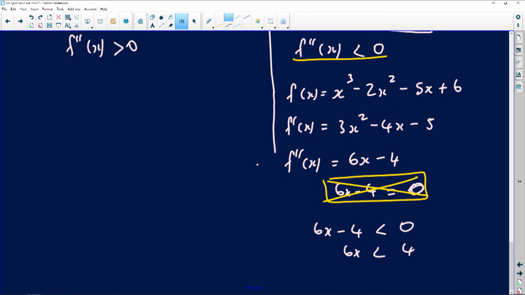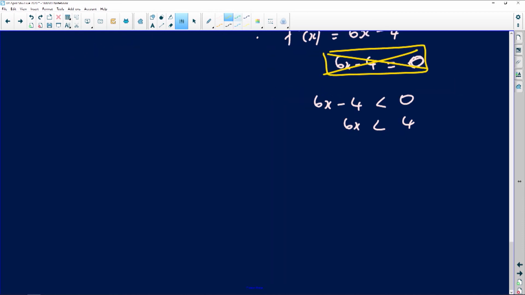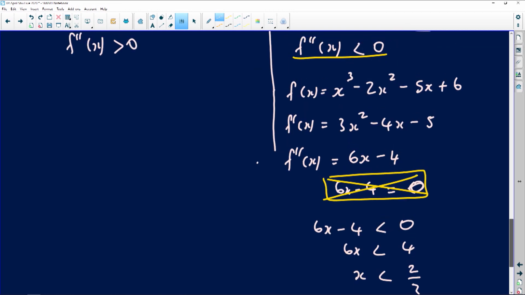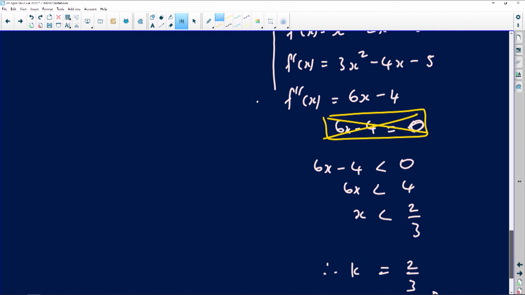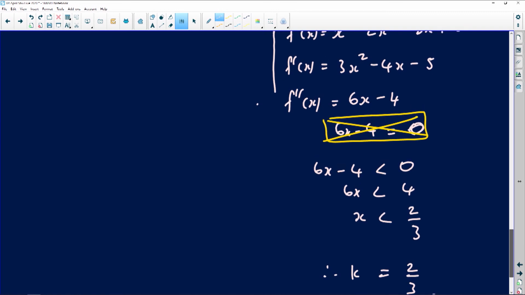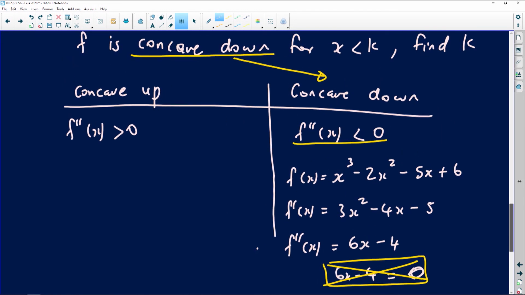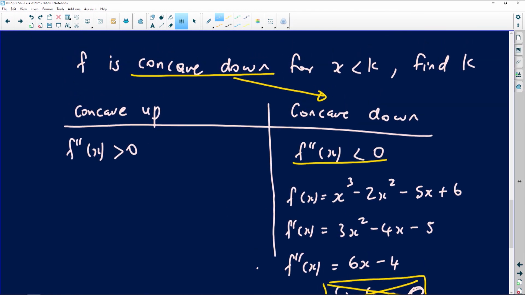If you simplify this further by dividing both sides by 6, you get x < 2/3. So k is equal to 2/3, because they told you the graph starts being concave down where x is smaller than 2/3, which is that k value, x < k.